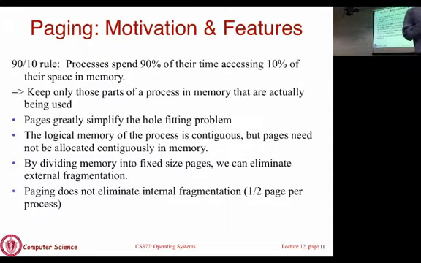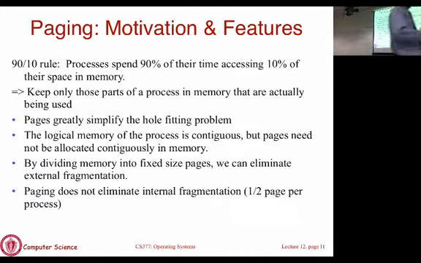You do not allocate memory contiguously. So what does that mean? You will now break up a process into pieces, and different pieces of the process will get allocated to different regions of memory. You won't store the entire process in one chunk. You'll partition it into smaller chunks and you'll put them into different holes. That's how you're going to relax that assumption.